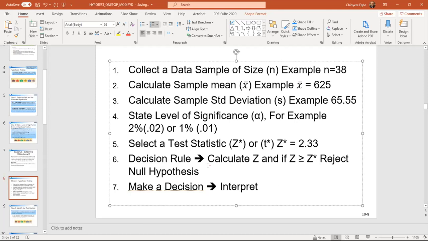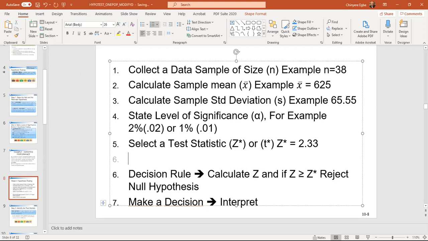So now we are going to calculate Z. I'm going to make that a step by itself, the calculation of Z. So how do we calculate Z?